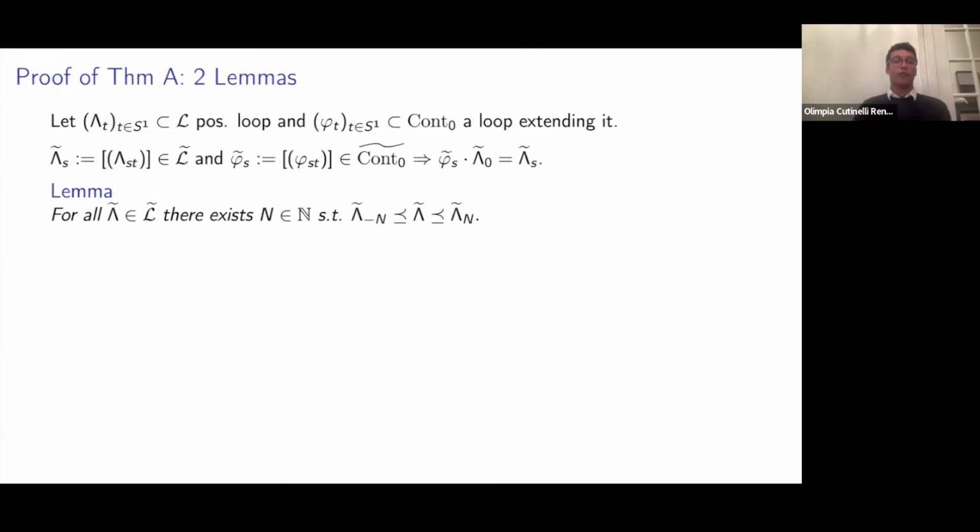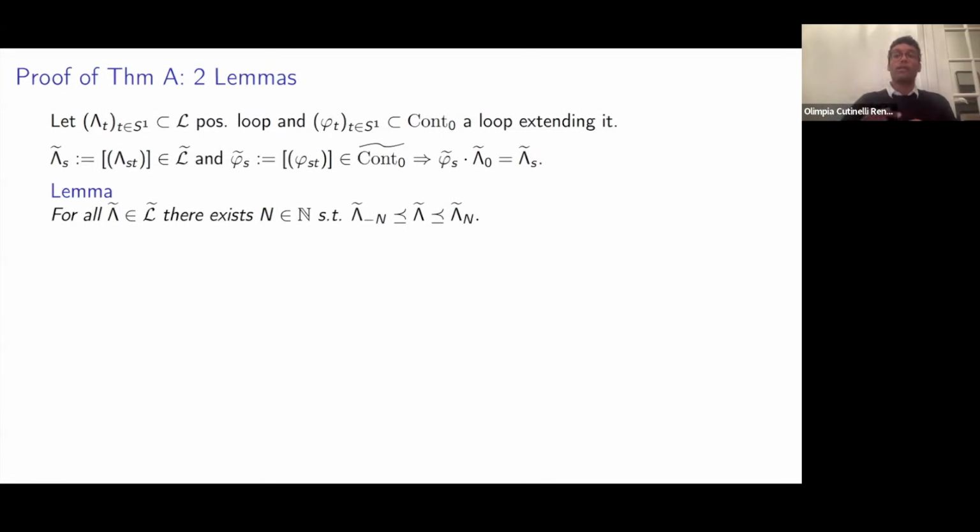Okay, and then a first lemma, which I won't prove, but it's not very hard to prove. For any element of the universal cover, lambda tilde, there exists an integer n such that lambda tilde is in between lambda n tilde and lambda minus n tilde. The idea of the proof is really easy. It just comes from the fact that lambda t is positive.